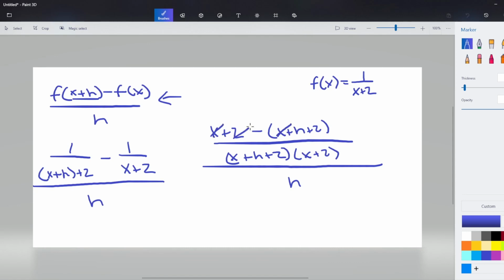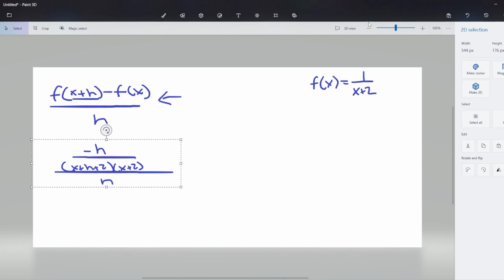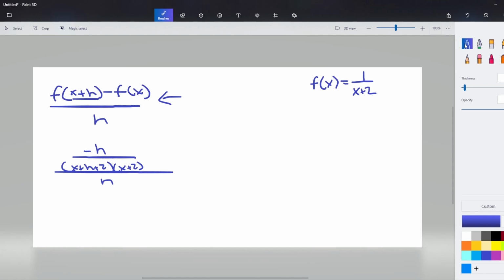x cancels out with x, 2 cancels out with 2, and this now is 0 minus h, so on top we have a negative h. This is the same as negative h over x plus h plus 2 times x plus 2 all over h. Now if you solve this out, you are going to get negative h over x plus h plus 2 times x plus 2 times 1 over h, right?